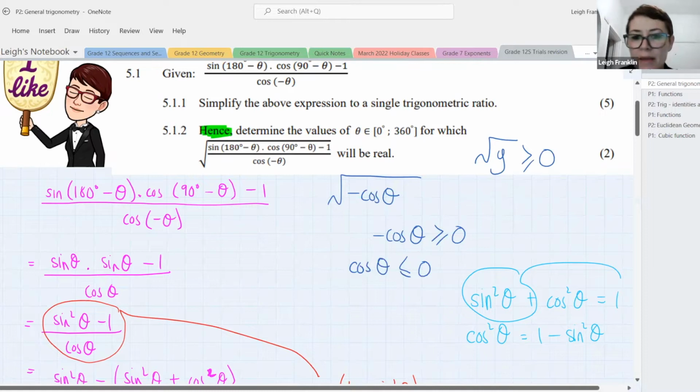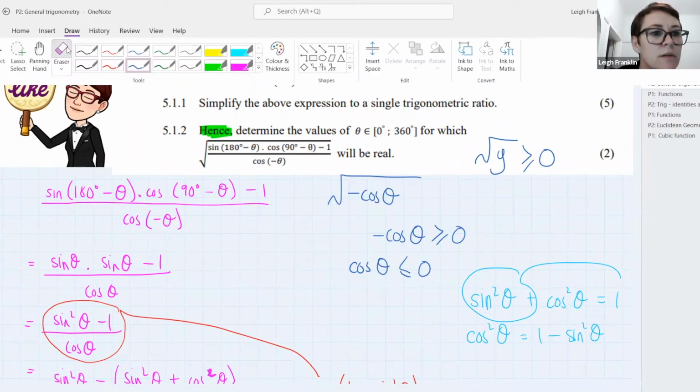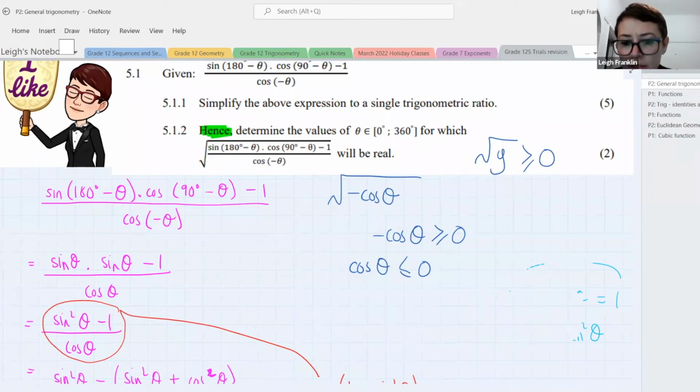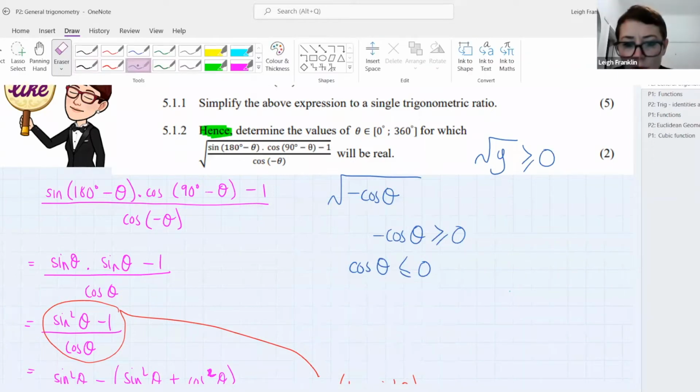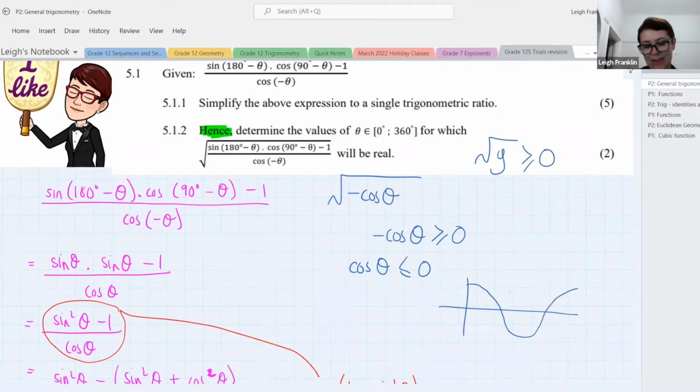Okay, so now I'm thinking about my graph. Let me just get rid of this. So my cos theta graph, what does it look like? If you recall, it looks something like that.